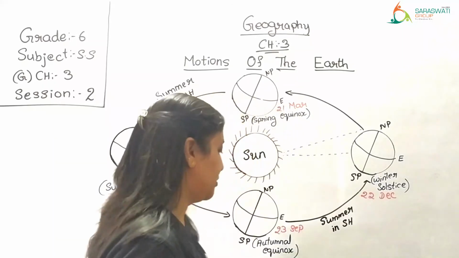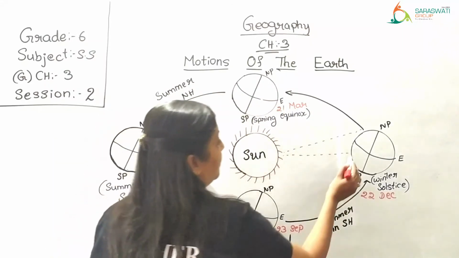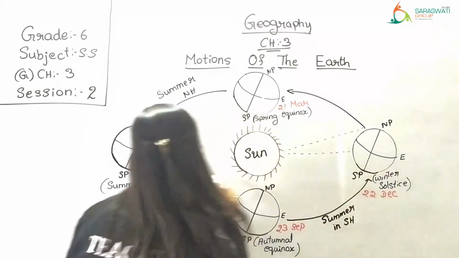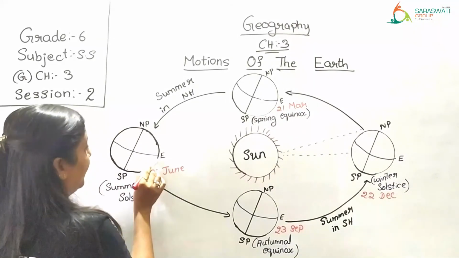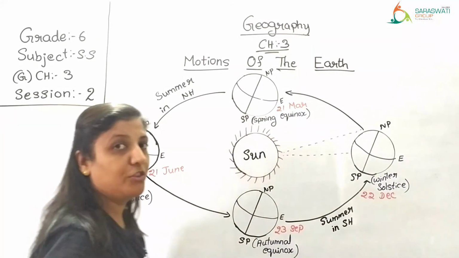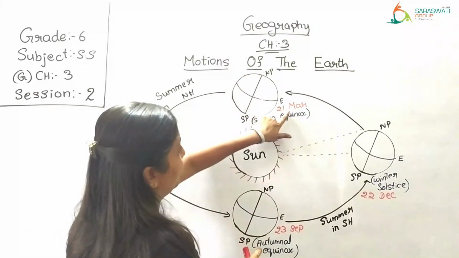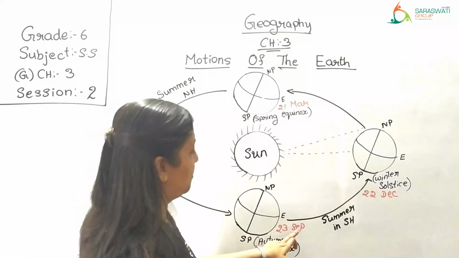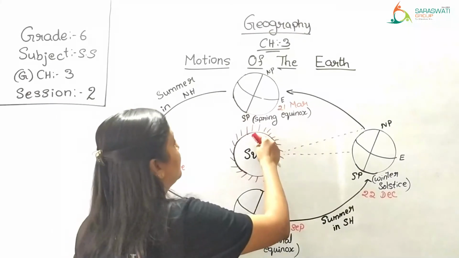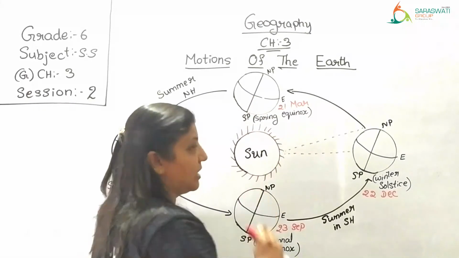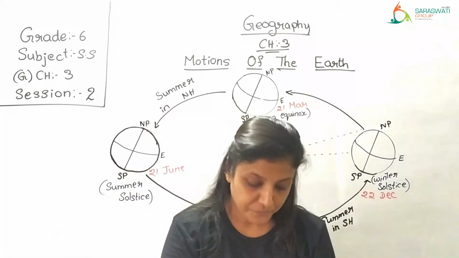Here it falls on the tropics, right? Here you have the Tropic of Capricorn and here you have the Tropic of Cancer. The sun rays fall on the tropics. But on 21st March and 23rd September, the sun rays fall only on the equator, direct equator, right?